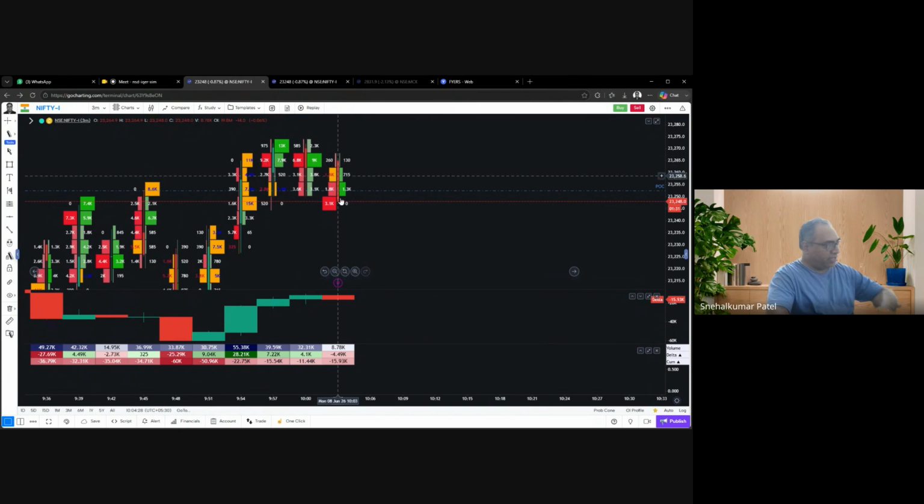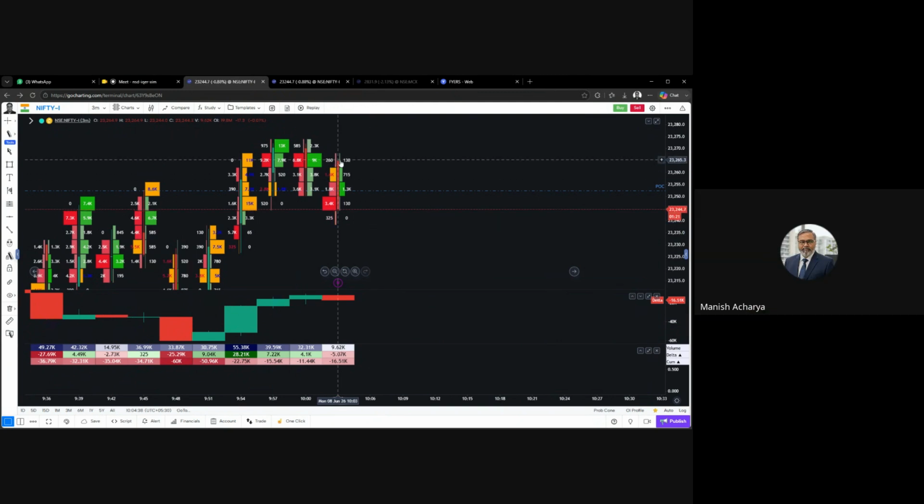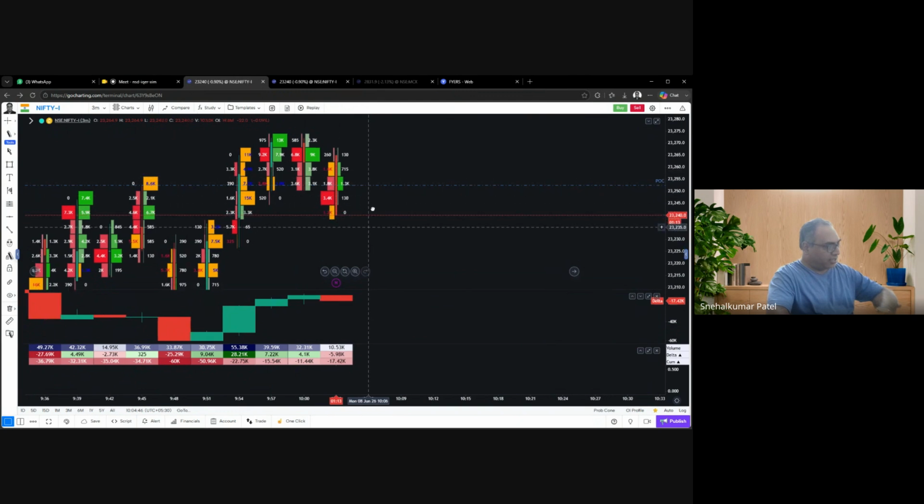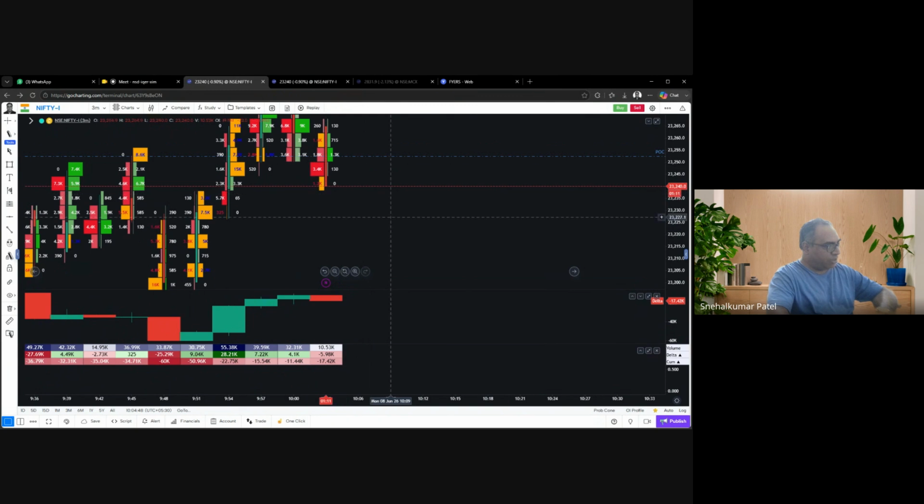We can see that sellers have started dominating in this candle. Price has been rejected from this level. No buying activity, no imbalance on the buy side. Yes, price is trying to go down again.